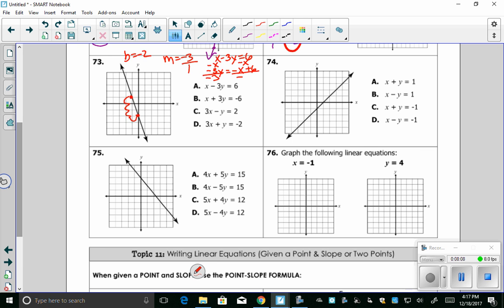Divide by negative 3, and I get y equals 1/3 x plus 2. Well, first of all, I'm sorry, not plus 2, minus 2, because it's a negative 3. So this should be a negative 1/3. My y-intercept is right, but my slope is 1/3, when in our graph it was negative 3 over 1. So it can't be A.